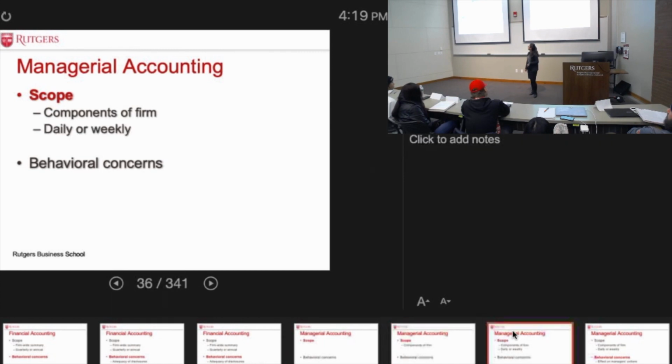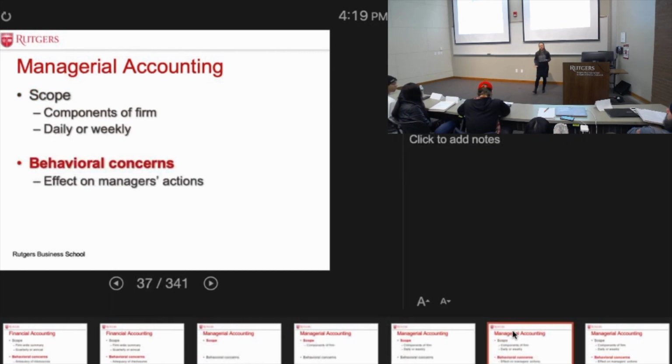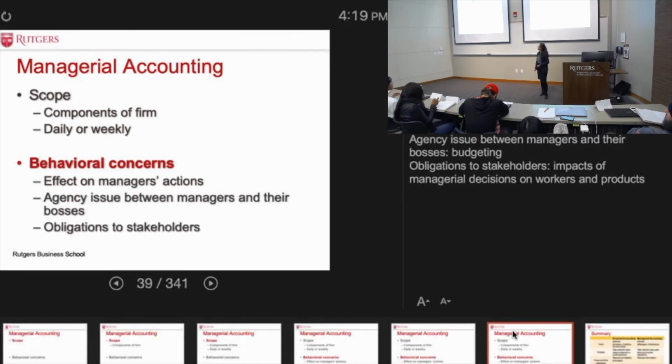And then for the behavioral concerns in managerial accounting, we basically consider whether the information will impact the manager's decision making. And also there are still some agency issues between the managers and their managers. We're going to talk about it when we study the budgets. Okay?